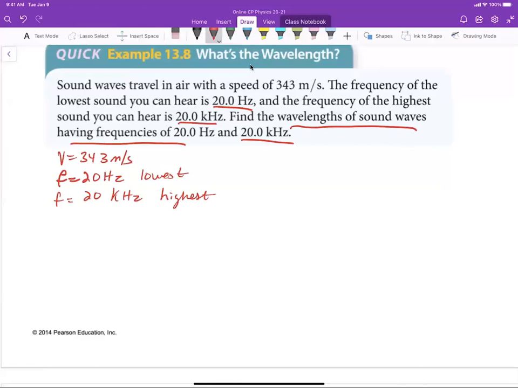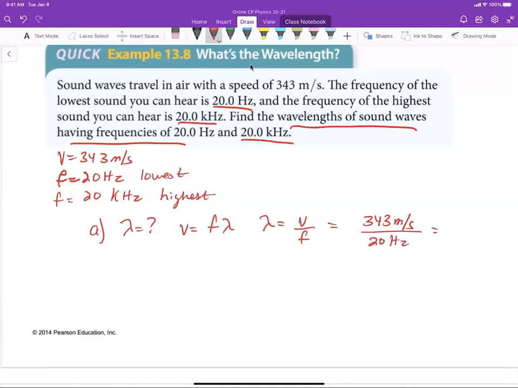Okay, so we want to know the wavelength, and we know that the speed is equal to the frequency times the wavelength. So we'll rearrange that for the wavelength, which will be speed over frequency. In the first case, it is 343 meters per second over 20.